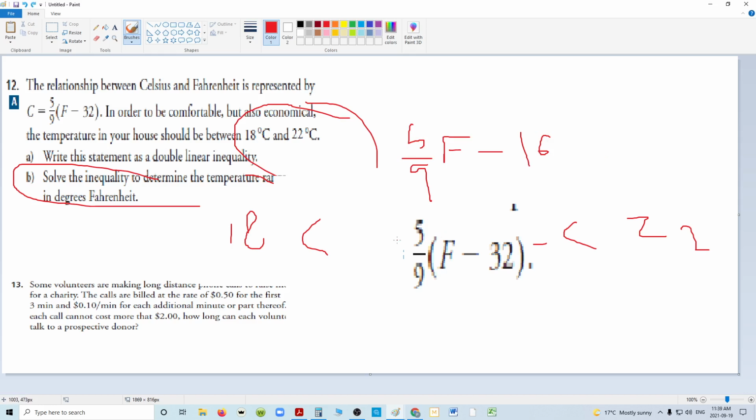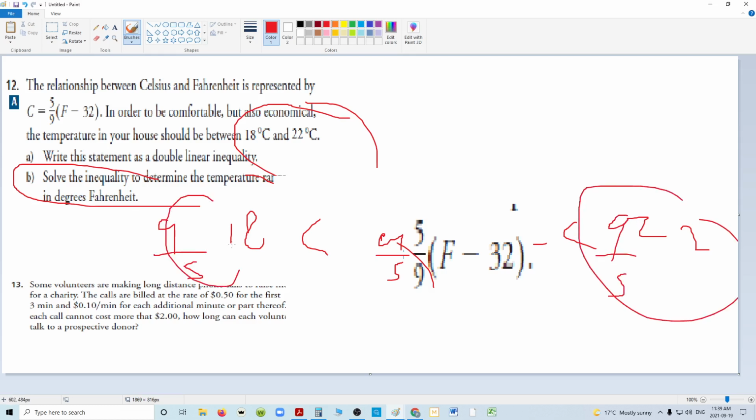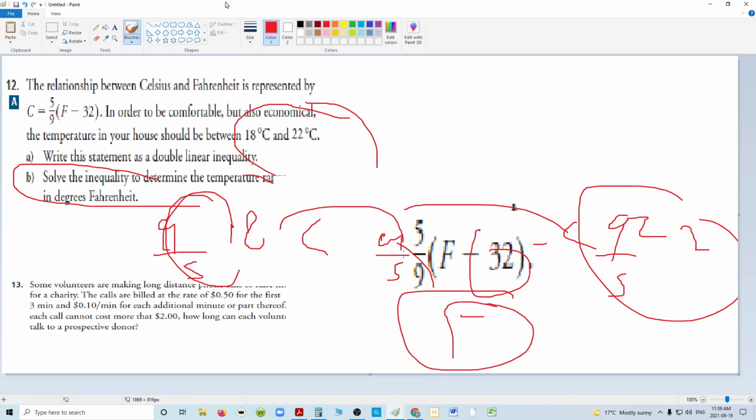So what I preferred to do was multiply by its reciprocal to get rid of it, but I have to do that on all sides. And that's how I came up with the numbers I came up with. So you can either multiply these and turn them into decimals, you might as well, and then add 32 to both sides to get F all alone in the middle.